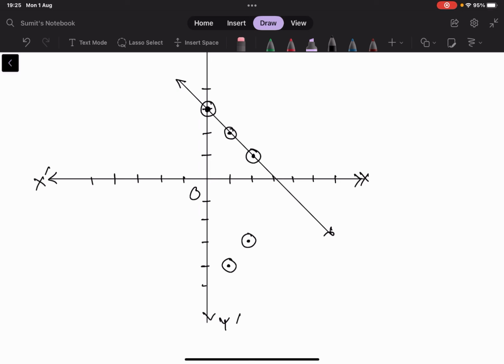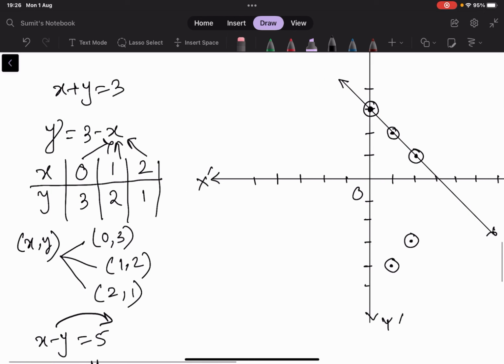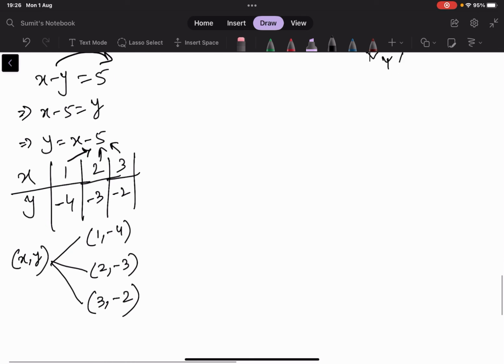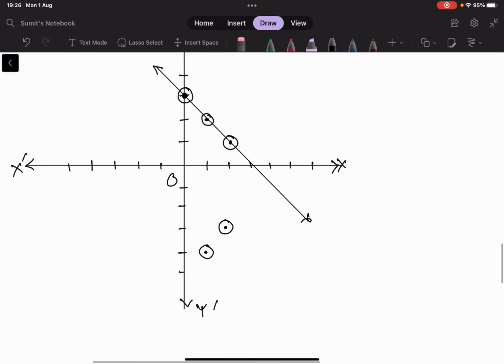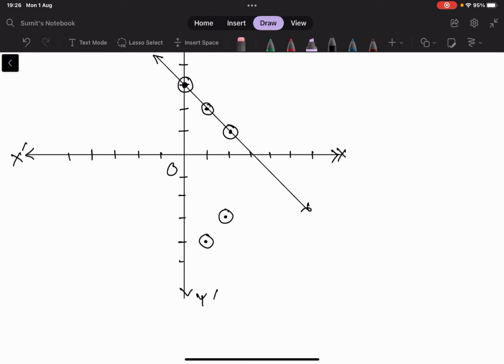Then 3 comma minus 2, that means x equal to 3 and y equal to minus 2. Here only, right? Now we will join these 3 points using a straight line. You can see that these 3 points lie on a straight line.